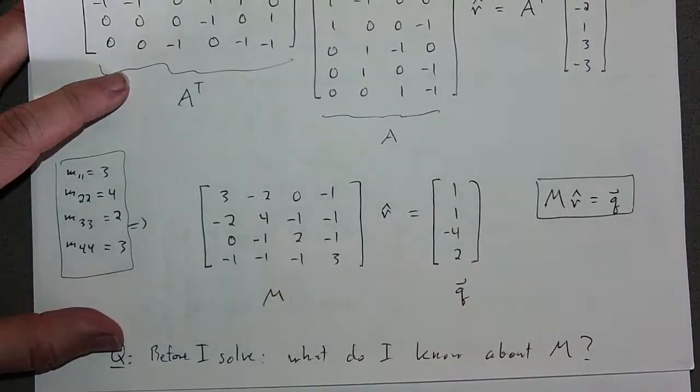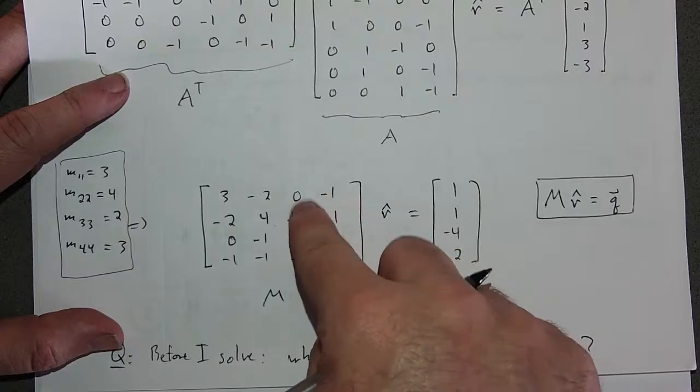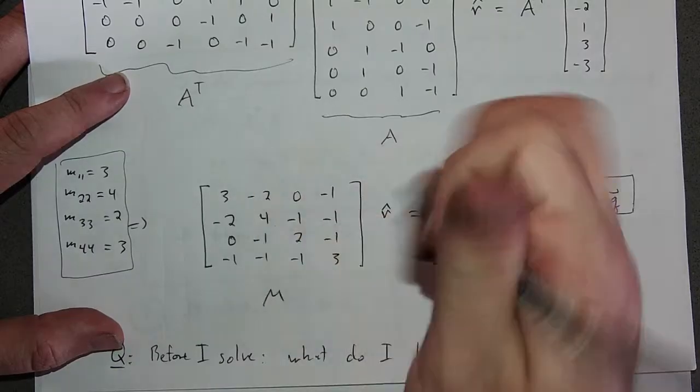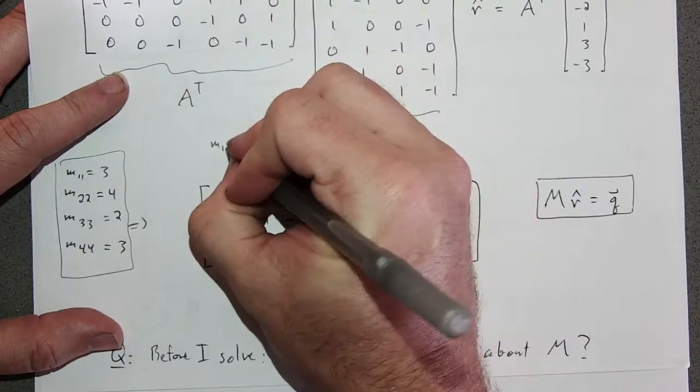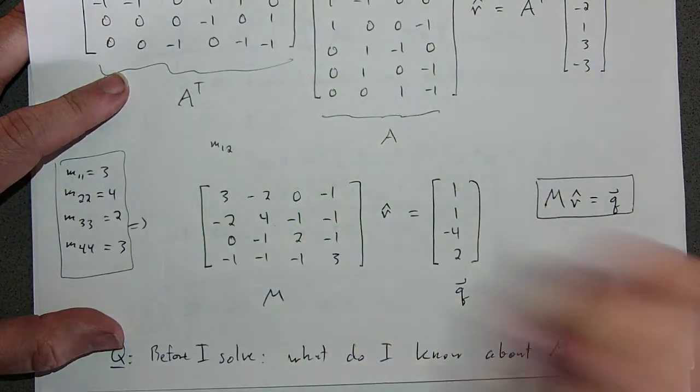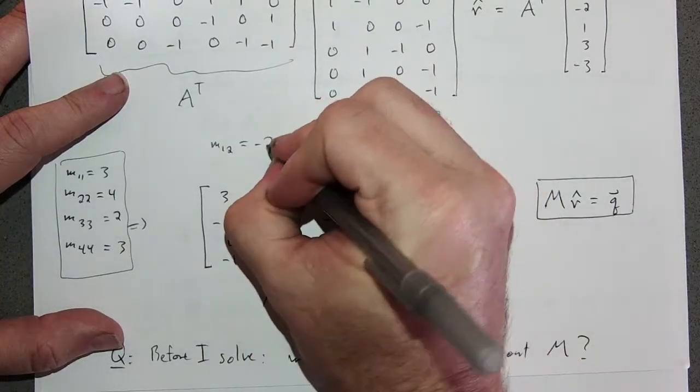Let's look at M here. So for instance, let's look at this entry. This is M sub 1, 2, which should be, since it is minus 2, what does that mean?